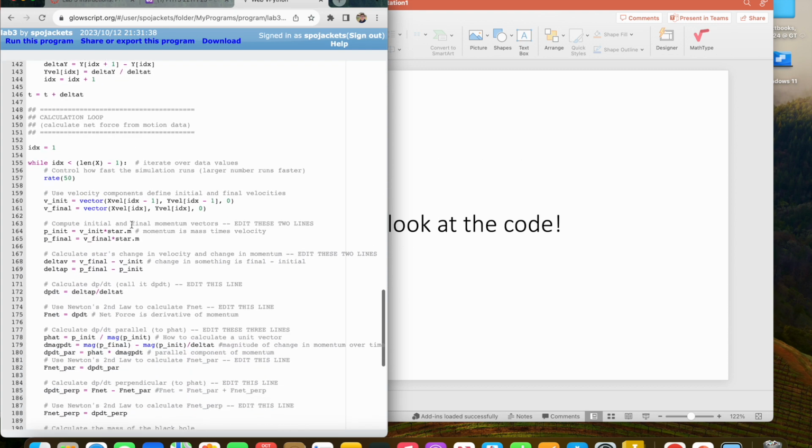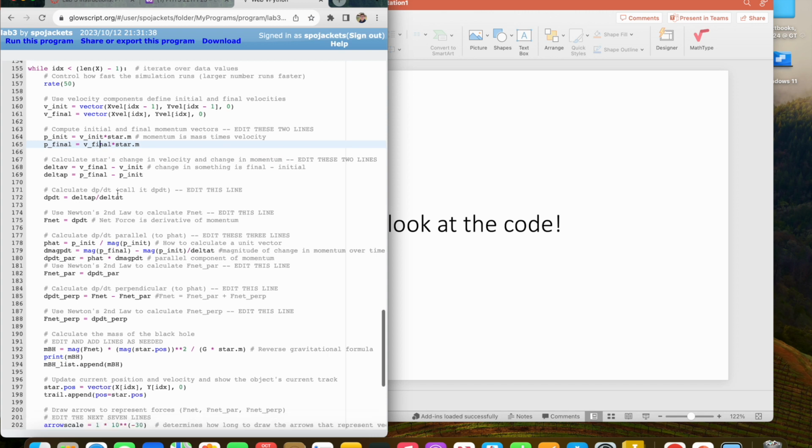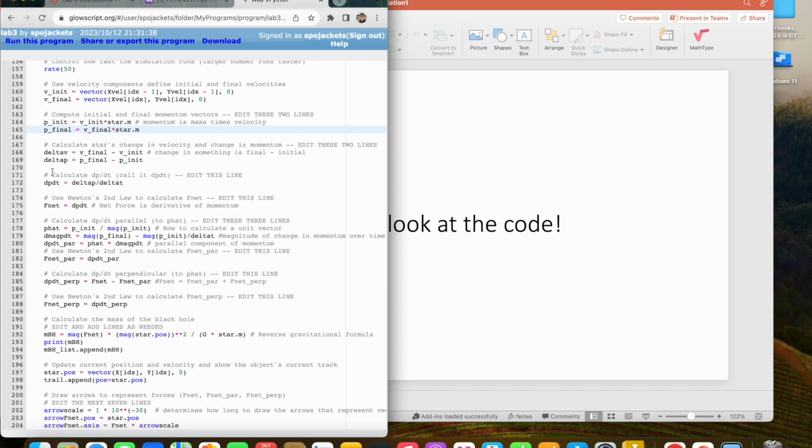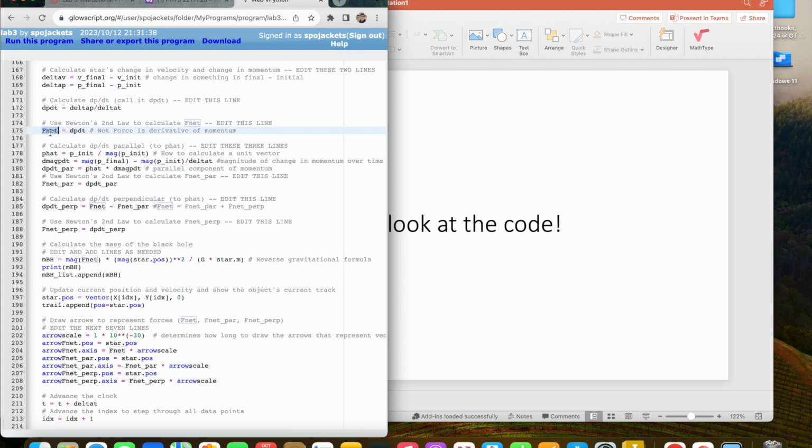Moving down, we have that the initial momentum is m times v, and final is the same m times v. And then the change in momentum and velocity is the final minus the initial. And then obviously we put that over delta t, we get dp over dt, which is our derivative, so we set that equal to F net.